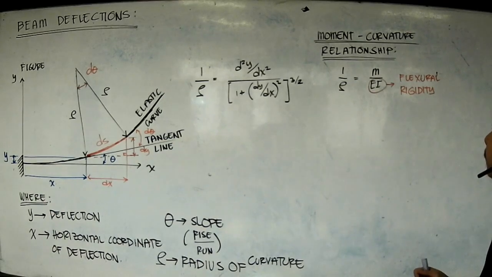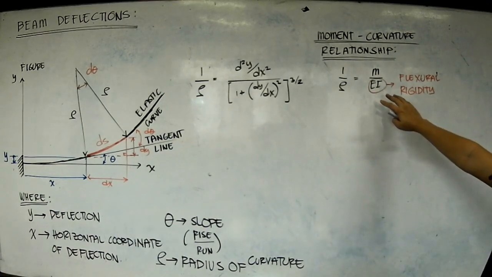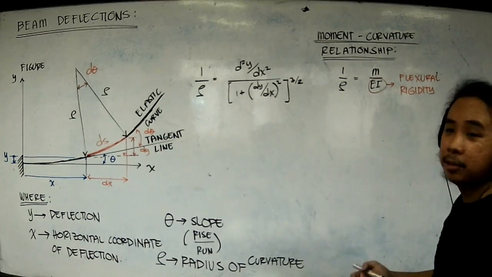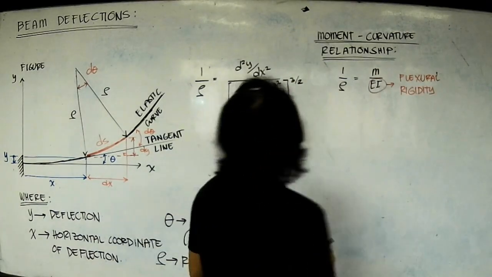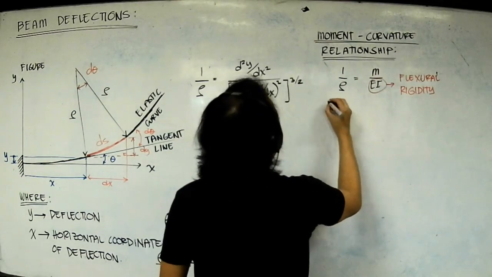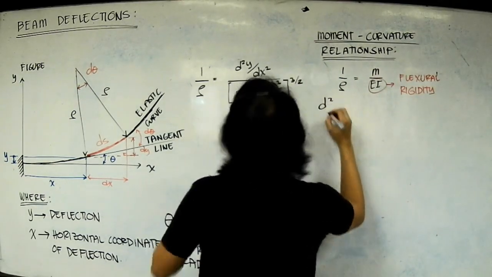Now, anyway, we have the moment curvature relationship plus the previous expression. Let's substitute and see what happens. Okay? So, I substitute this with this.